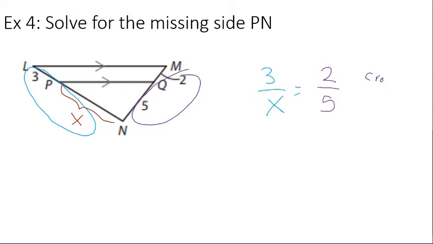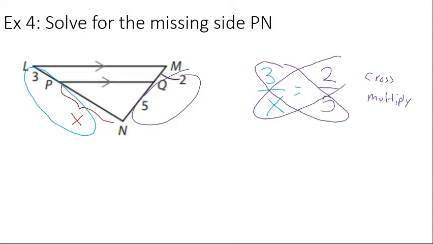And then all I do now is cross multiply. So X times 2 gives me 2X. 3 times 5 gives me 15. I divide by 2. These eliminate. I get X equals 15 over 2.